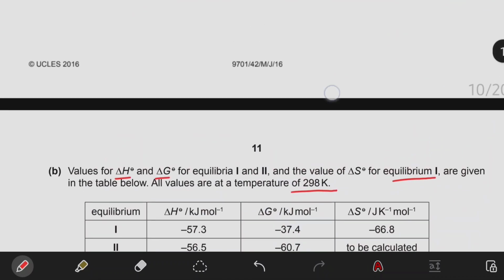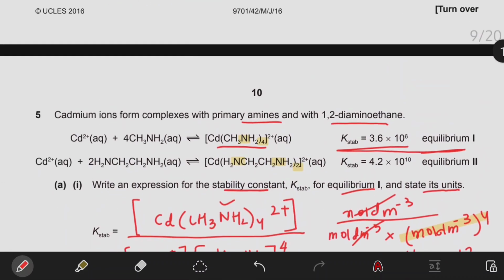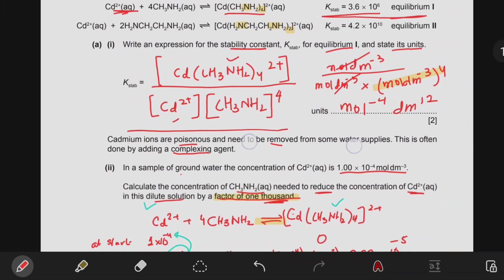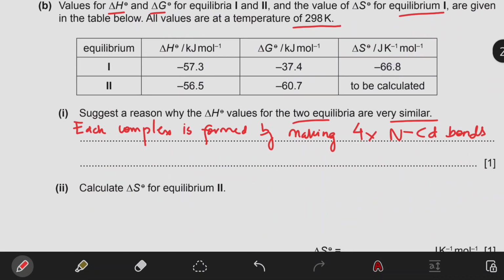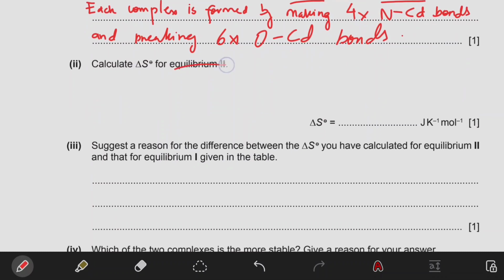And obviously, since the cadmium ions were dissolved in water, it must have been like this. Six water molecules, right? So you can say that breaking of 6 oxygen cadmium bonds. Alright, calculate the entropy change for equilibrium 2.